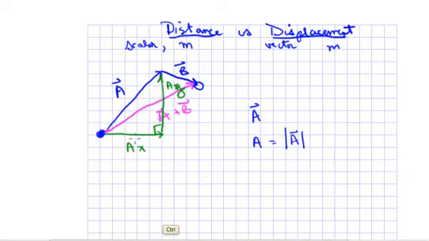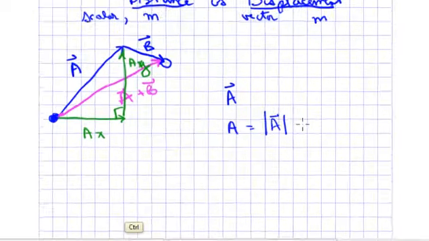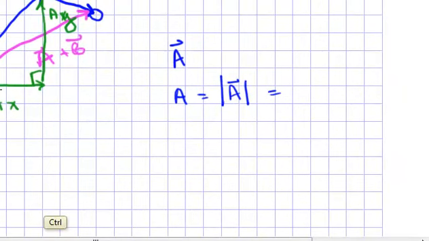I've got a right triangle here, and the A vector is the hypotenuse lying on this right triangle that has these green legs, and let's just assume each one of these is 1 meter. It's going to be the square root of A sub x squared plus A sub y squared.